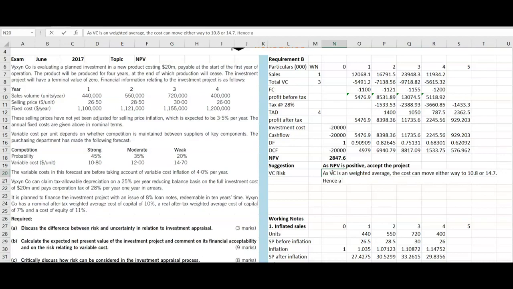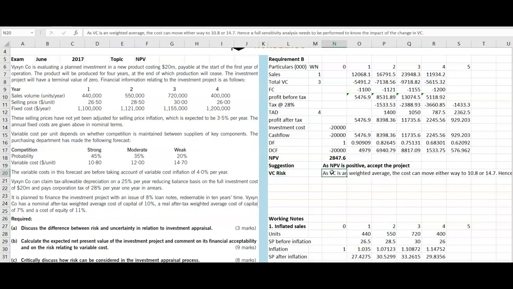Hence a full sensitivity analysis needs to be performed to know the impact of the change in variable cost. So that is what we require.